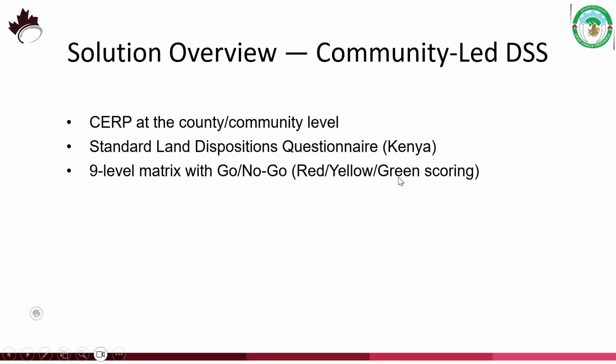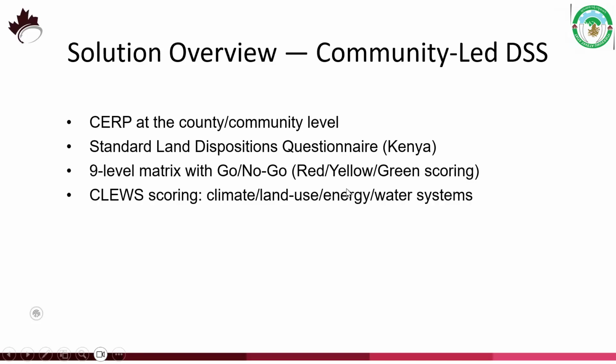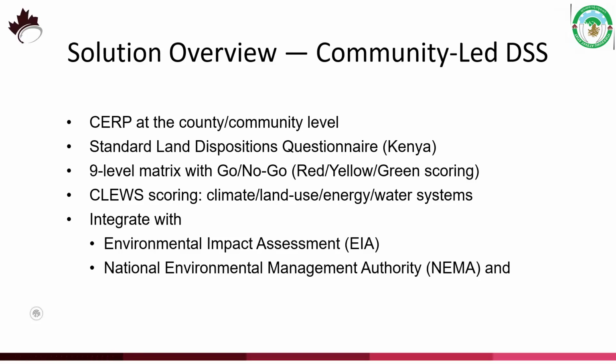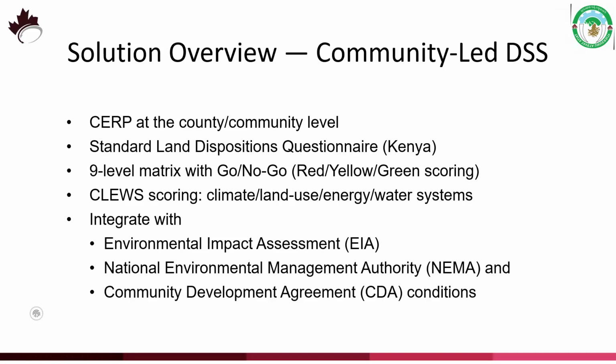And then the idea is that if all of the questionnaire and the matrix values are green, then the project would be a go. So the CLUES scoring is based on climate, land use, energy, and water system. And we integrate with environmental impact assessments, the National Environmental Management Authority, and the community development agreement conditions.